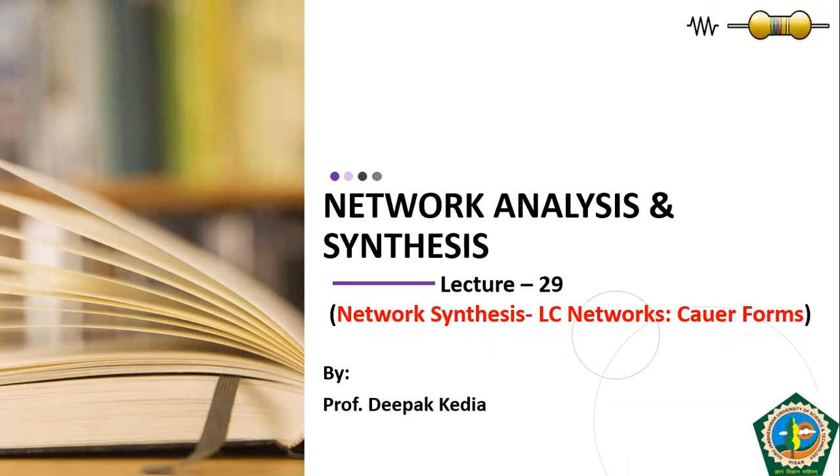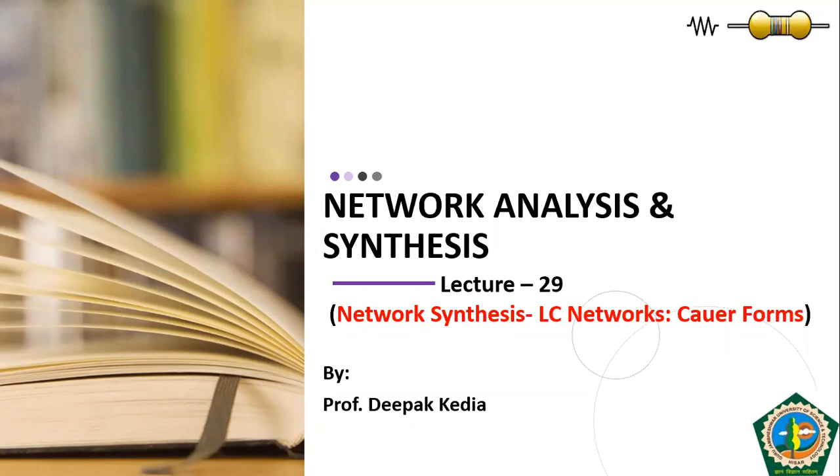So we have two Cauer forms, Cauer 1 and Cauer 2, on the lines as we had discussed Foster 1 and Foster 2. Though the structure of the network is a bit different from your Foster forms, and moreover, the procedure of synthesizing the network for Cauer forms of LC network is also totally different from Foster forms.